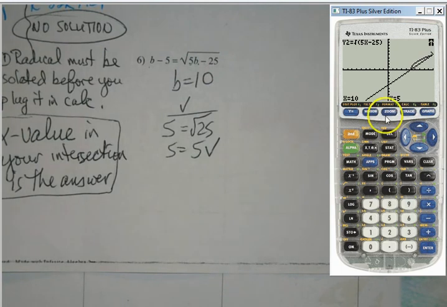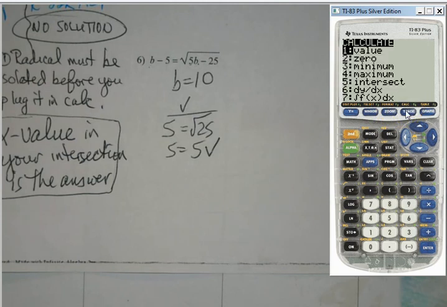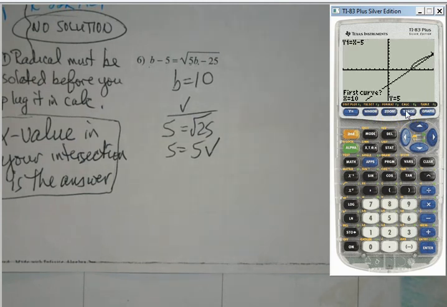Okay, so let's go back and do second trace. Let's do the intersect again. So now, here's what we're kind of considering at this point. You'll notice I'm back on the straight line, I'm back on the linear part.